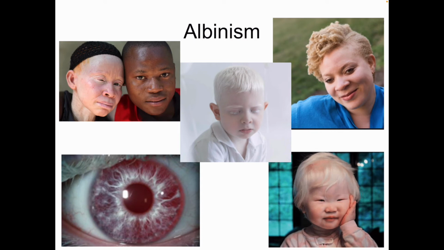It results in very light hair, very light skin, and in some cases the eyes are pink because there is no pigment in the iris, and the pinkness is the blood vessels shining through from inside the eye. Okay, and as you can see from the pictures there, you get albinism in all types of racial groups.